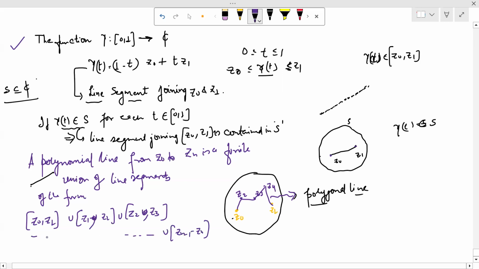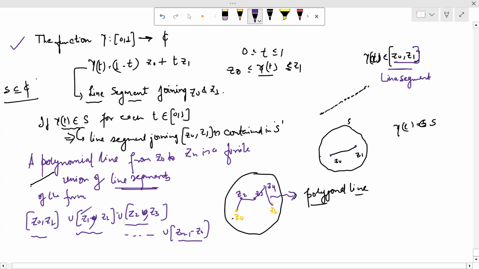All these things represent individual line segments, and ultimately, when I do a union, I reach this point Zn. This is how you define a polygonal line. So a polygonal line is nothing but a finite union of line segments. See, when I was writing gamma t belongs to Z0 to Z1, this was one line segment, right? This is one line segment.